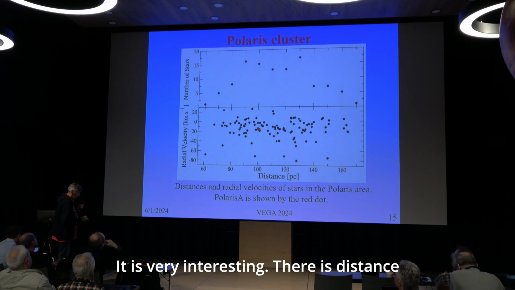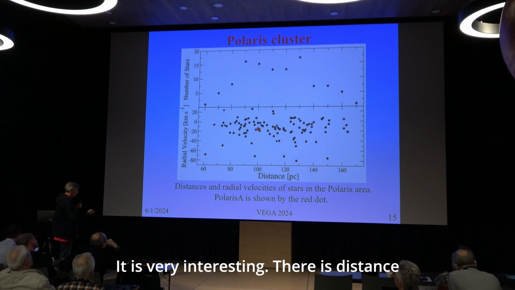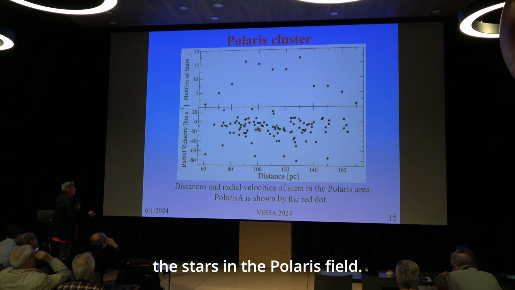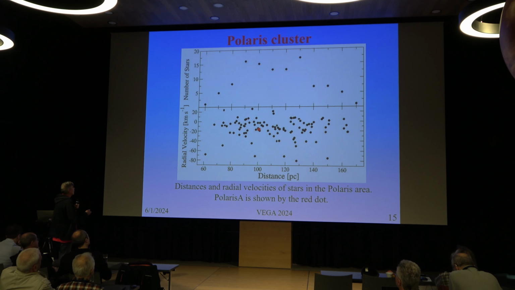It's very interesting. Look, there is distance and radial velocity, our estimation for the stars in the Polaris field.